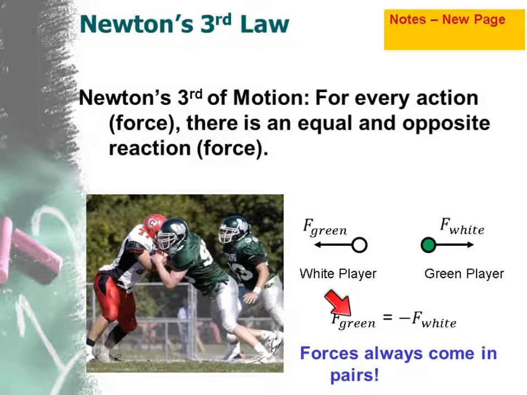And what Newton's third law states is that the force on the white player due to the green player is equal to the opposite of the force of the white player on the green player. So F of green on white equals negative F of white on green.